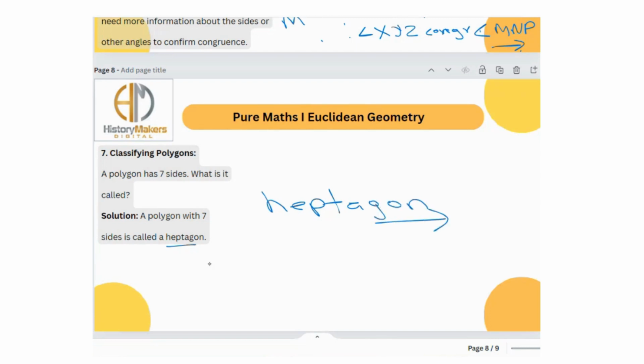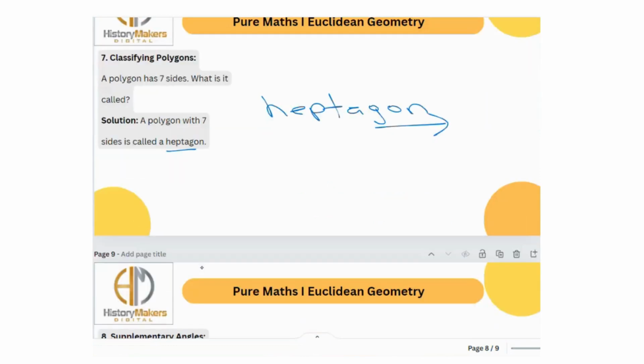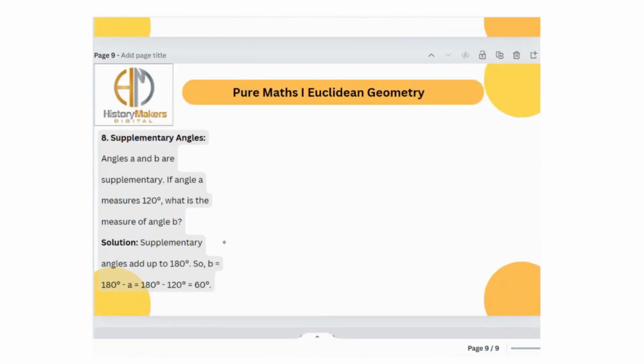Okay. And when we move on to question number 8, it's about angles. This question says angles A and B are supplementary. We know what that means. And then they say if angle A measures 120, what is the measure of angle B?